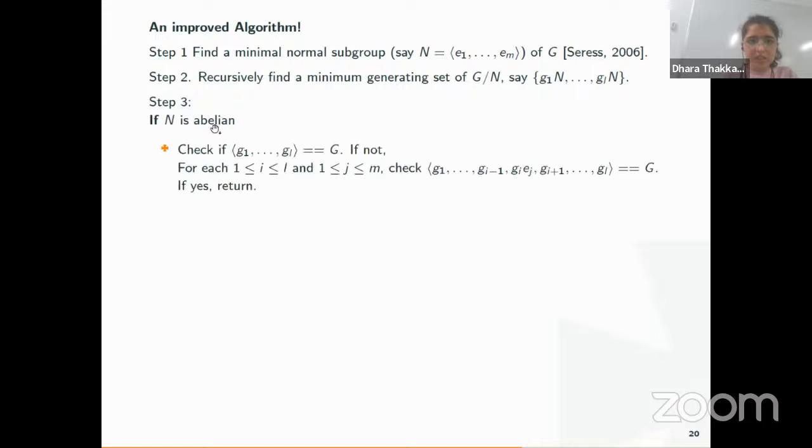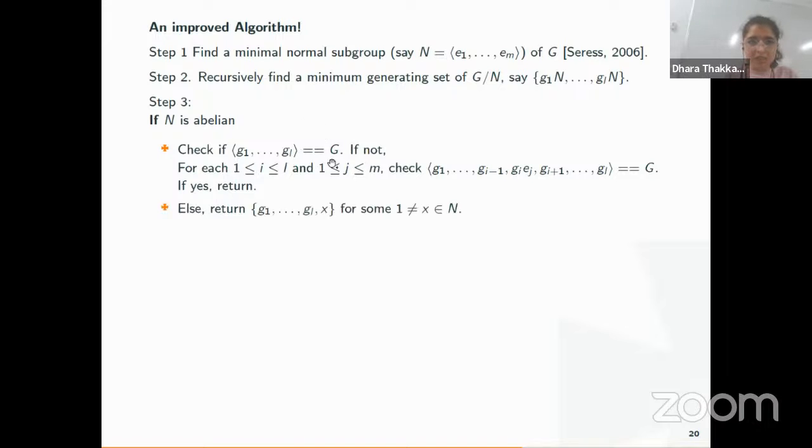If N is abelian, then we can handle this abelian case easily, because either g1 to gL will generate G, or we will be able to find some i, j such that this special generating set will generate G, in case G is generated by L elements.